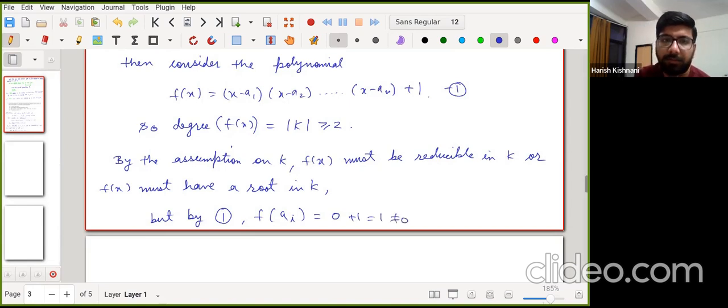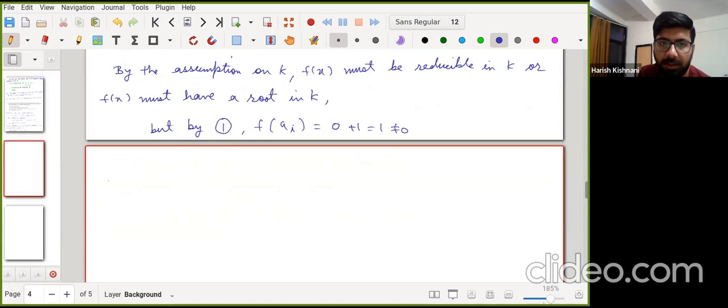So this implies that f(x) does not have a root in K. So this is a contradiction.